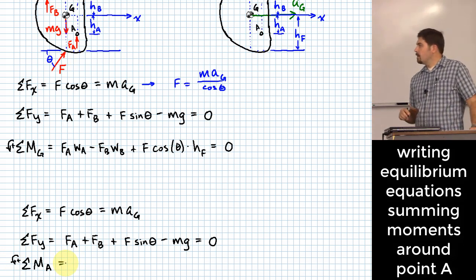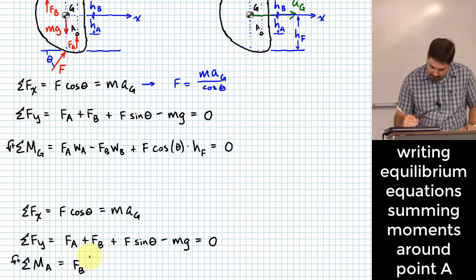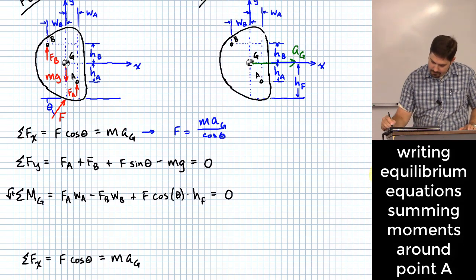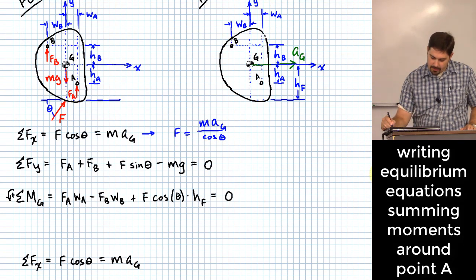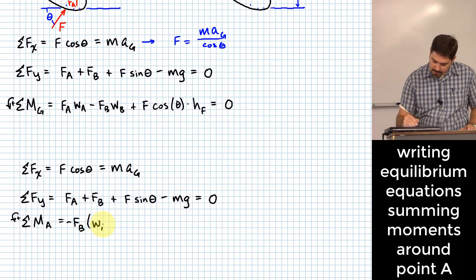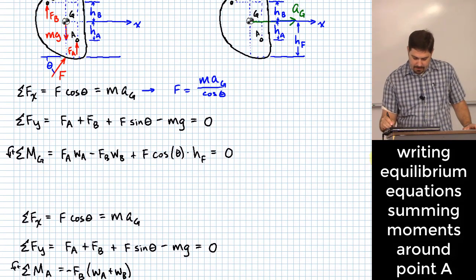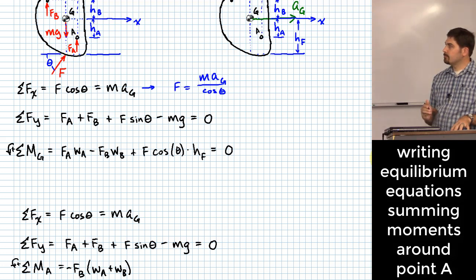Well, what I have in this case is I'm going to have FB times what? WB plus WA, right? And is it going to be clockwise or counterclockwise? Clockwise. So I'll say minus FB times WA plus WB. Okay. What about my weight?